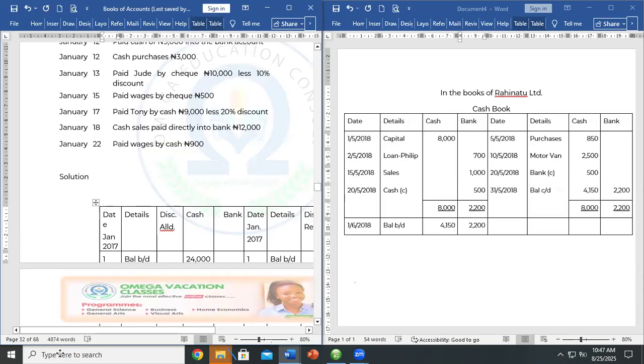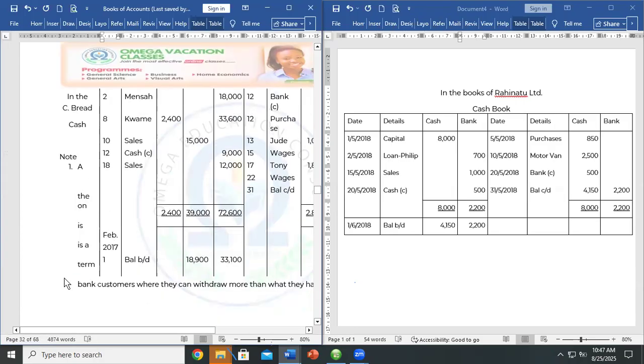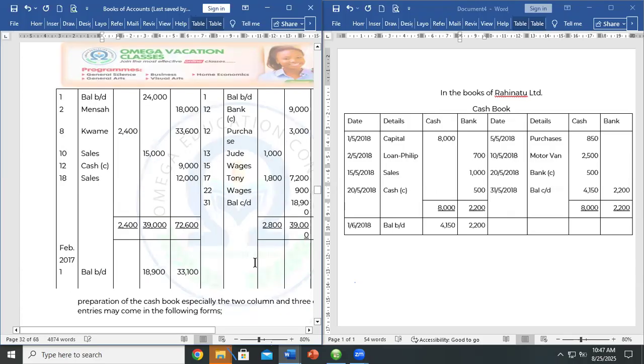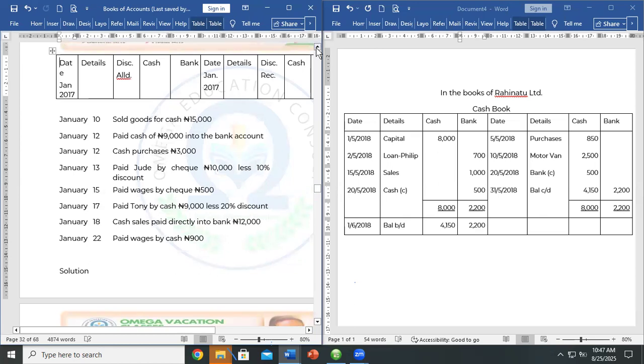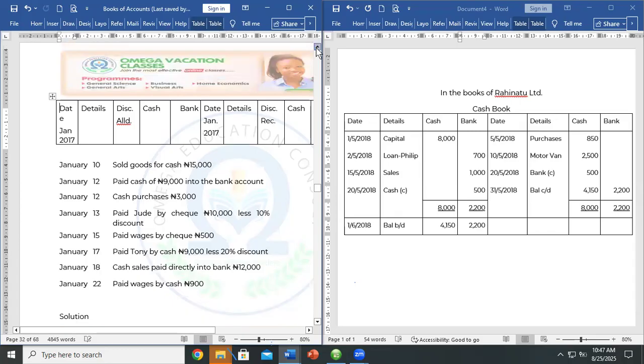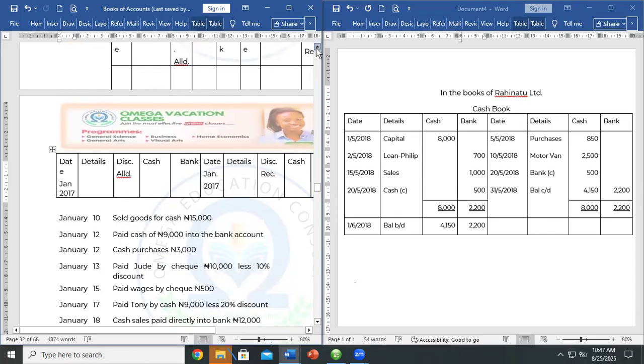Let me separate the solution. Please, if you have any question pending, we're looking at the 3-column cash book, you can ask so that we can deal with it.